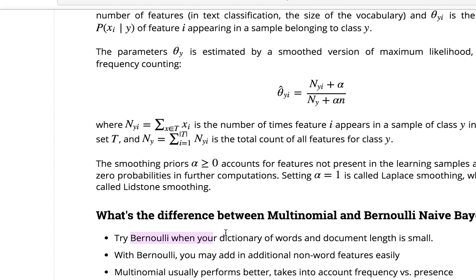Bernoulli is better for shorter documents, where we have fewer documents and a small dictionary of words. In the case of our Slackbot example, we would probably want to use Bernoulli because there's a small vocabulary with a small number of data points.